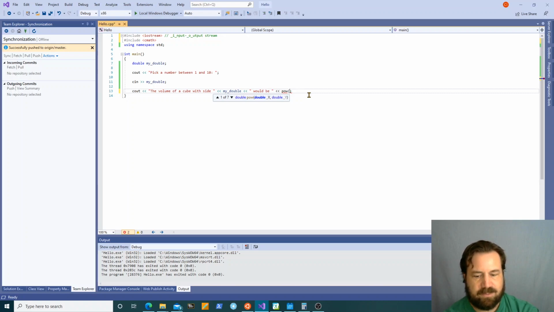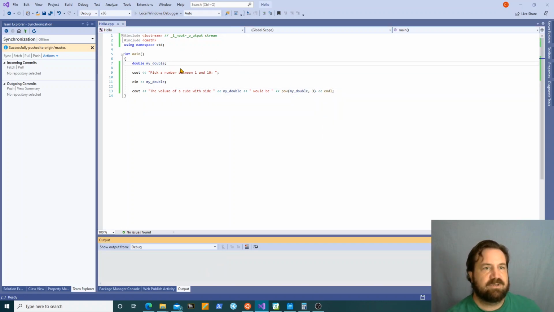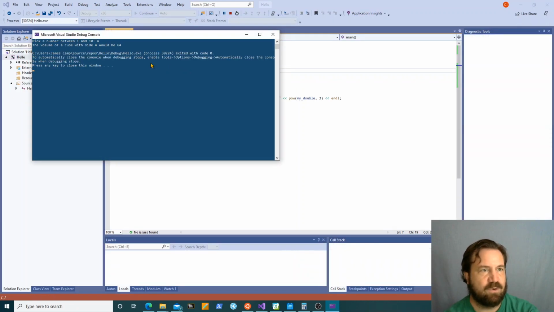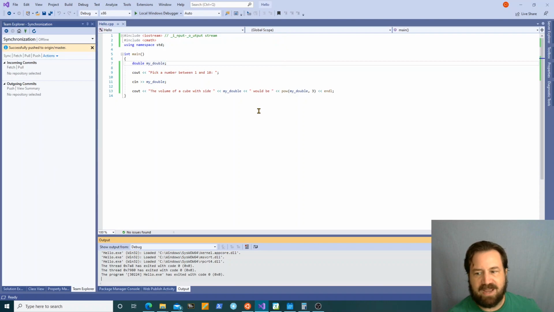So my double comma 3 would give you that. If I pick a number between 1 and 10, I'll choose 4. The volume of a cube with side 4 would be 64. That should check out with your math knowledge so far in your life.